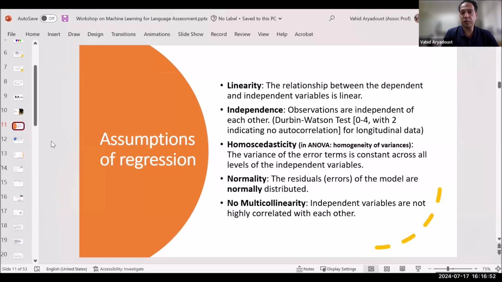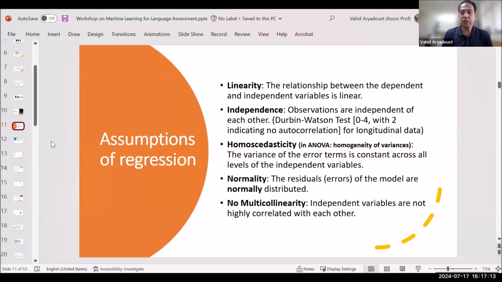I think some of you, because I saw some of your names are familiar, who have taken a course on research methodology in applied linguistics, do remember the concept homogeneity of variances, and I'm sure the rest of you are also familiar with it.